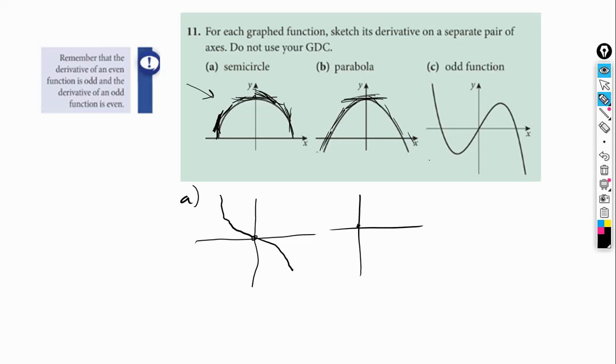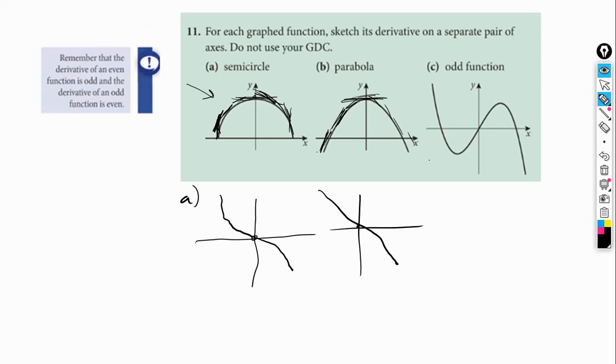So we can just draw a straight line. It's kind of steep, right? So it comes from the positives because the parabola has a positive slope, goes through 0, comma 0, and then goes through the negatives. So that's supposed to be a straight line, right?